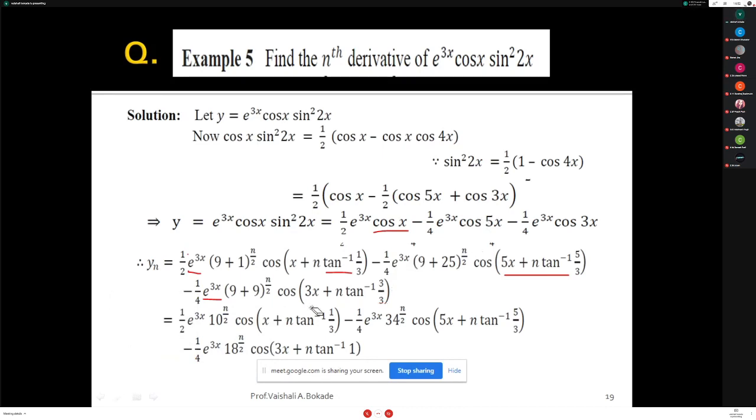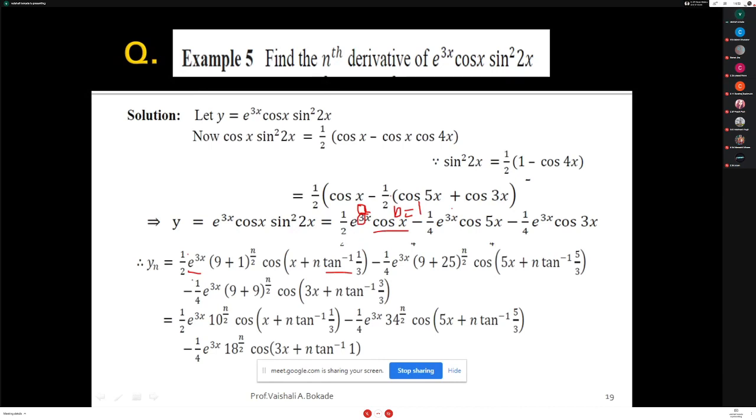For the first term, e raised to ax into cos of bx plus c, a is 3 and b is equal to 1.